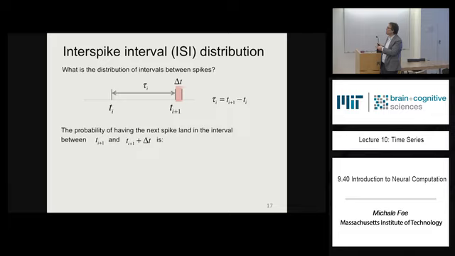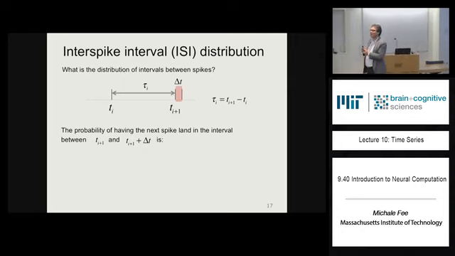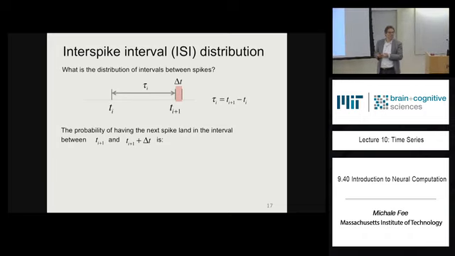So what's the probability of having no spike in that interval tau? What distribution can we use to calculate that probability?